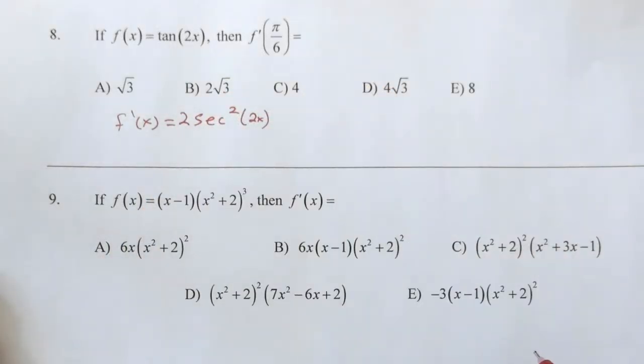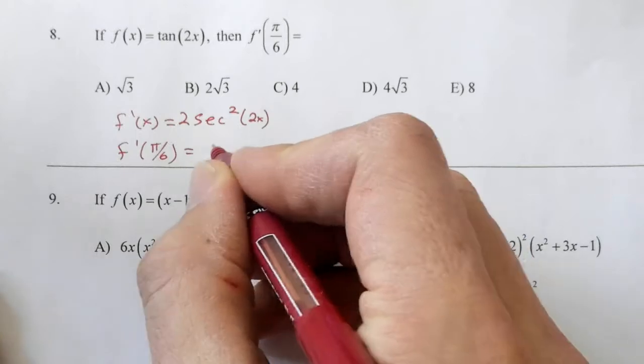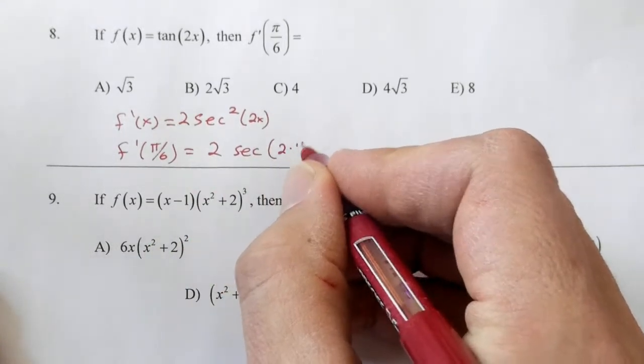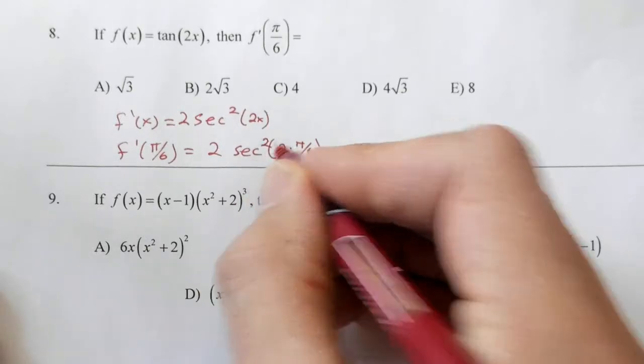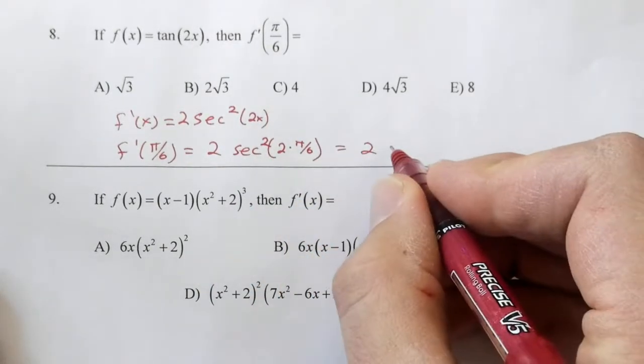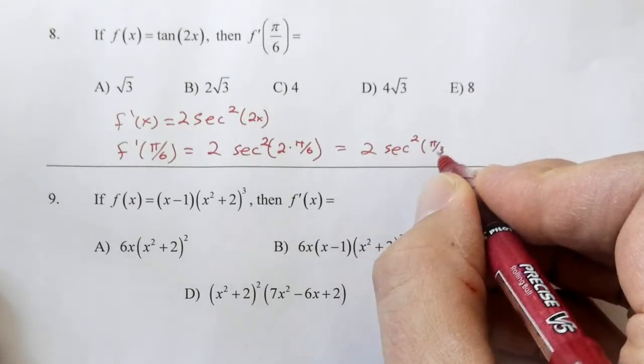So we're looking for f prime of x to be 2 times the secant of 2x squared, which means f prime of pi over 6 will be twice the secant of 2 times pi over 6 squared. So 2 times pi over 6 is pi over 3, so we have 2 times the secant squared of pi over 3.